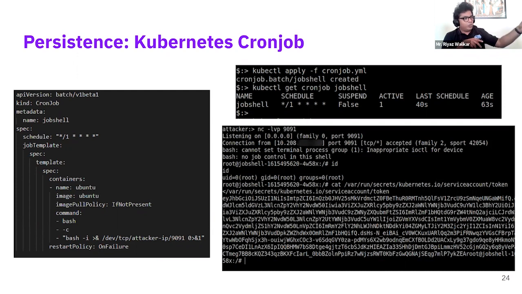The YAML file on the left for the cron job essentially triggers a reverse shell to an attacker IP address that you've configured, and the screen on the right shows you the reverse shell being caught, and then now you have access. Looking at the service account token that's mounted within the cluster, you have access to the service account token, which can then be used to interact with the rest of the cluster.